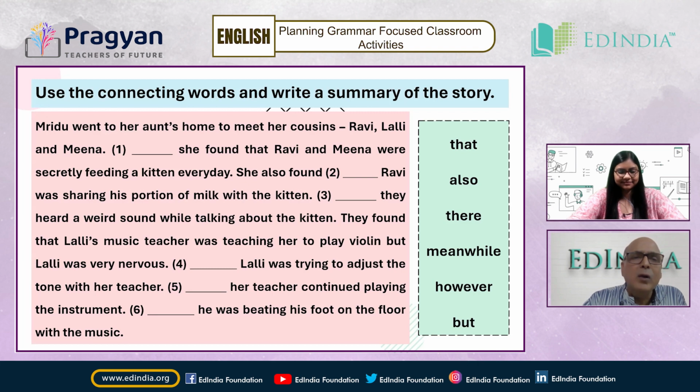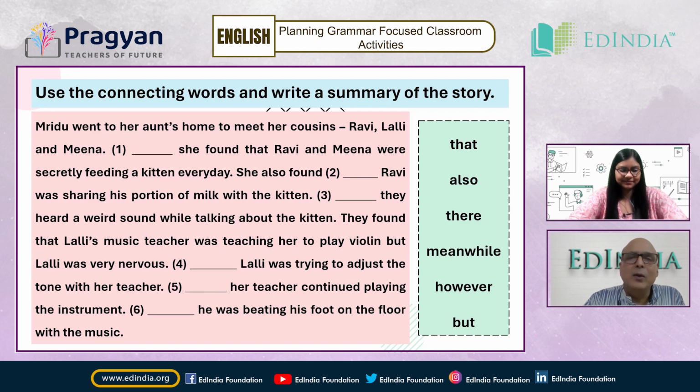So now I will go to Nandita ma'am. Nandita ma'am, please unmute yourself. So in blank number 1, what is your choice, ma'am? What would you like to write here, from these 6: that, also, there, meanwhile, however, but? There, sir, there.